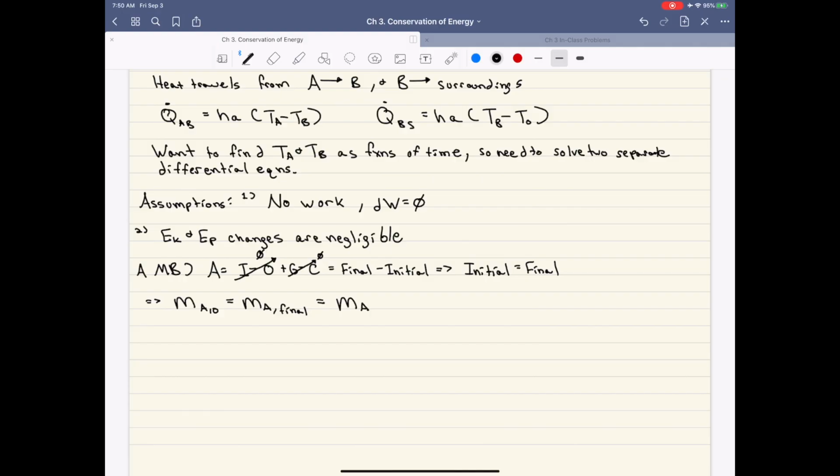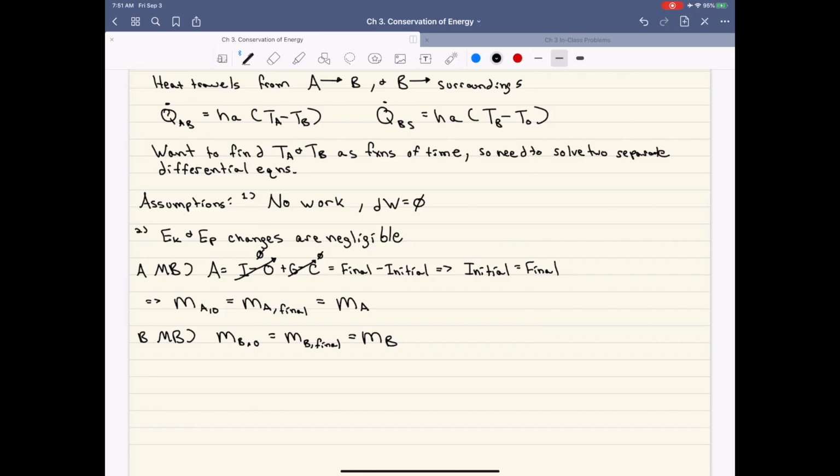Okay. Similarly, if we did the material balance on the piston cylinder itself, we would also get that the cylinder's initial mass is equal to the cylinder's final mass, which we'll just call MB. Okay. So those were the material balances.